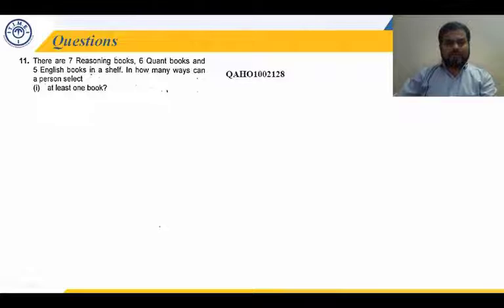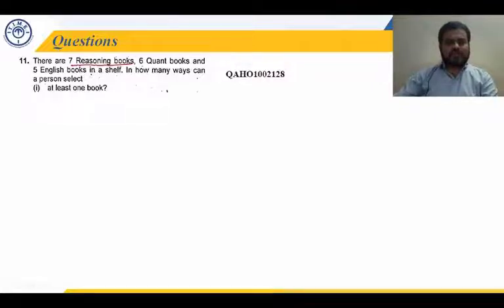So this is question number 11 from sheet number 2128. It says there are 7 reasoning books, 6 quant books and 5 English books in a shelf. In how many ways can a person select at least 1 book? Now see, if the question does not specify whether the books are identical or not, so it is just saying 7 reasoning books, then we consider the things as distinct or different.